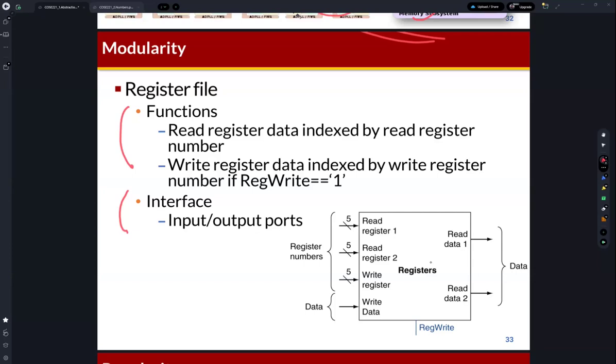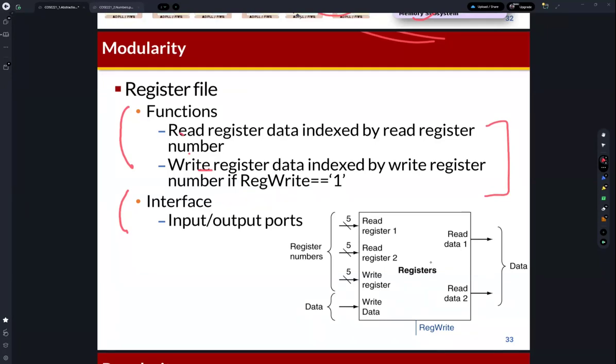The function is to read register data indexed by the read register number. Another function is to write register data indexed by the write register number if read write equals 1. This is the defined function of a register file.